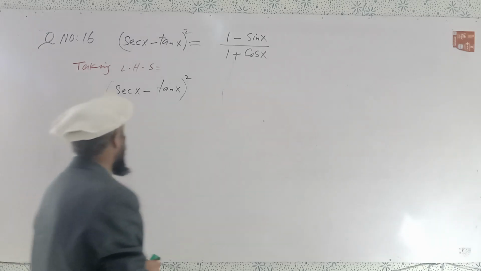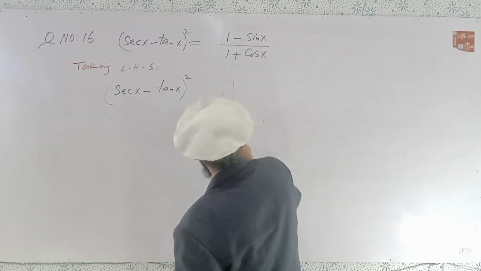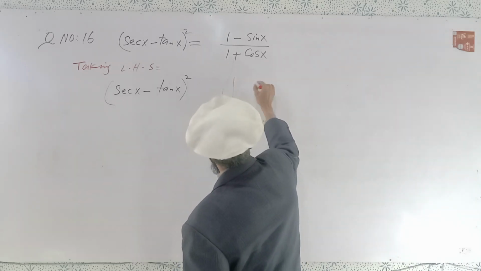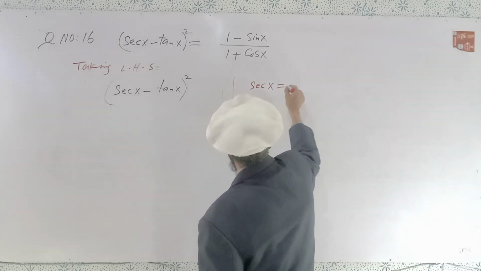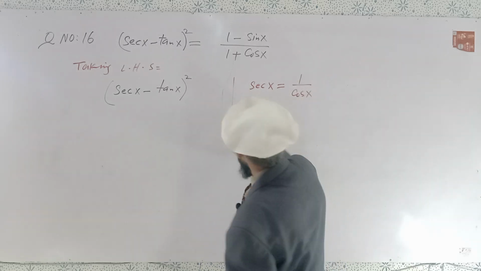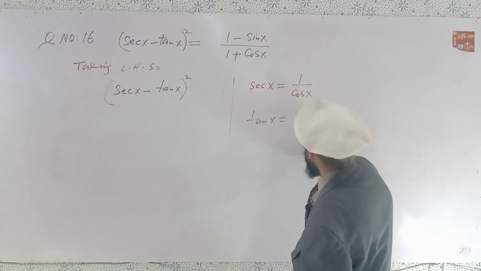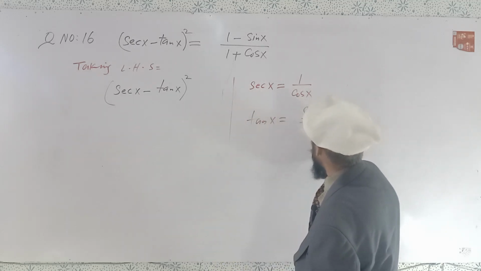According to the formula, as we know, secant x is equal to 1 over cos x. Similarly, tangent x is equal to sin x divided by cos x.